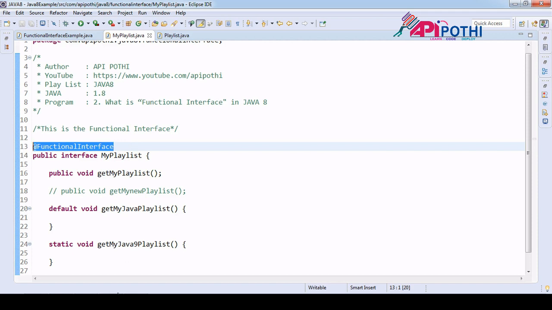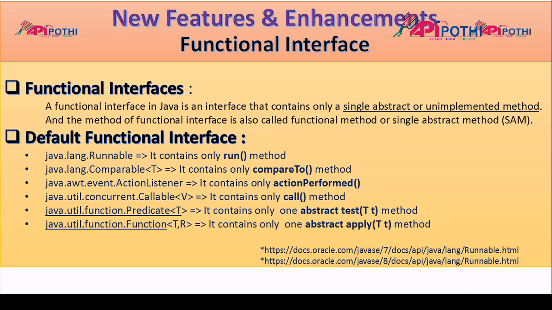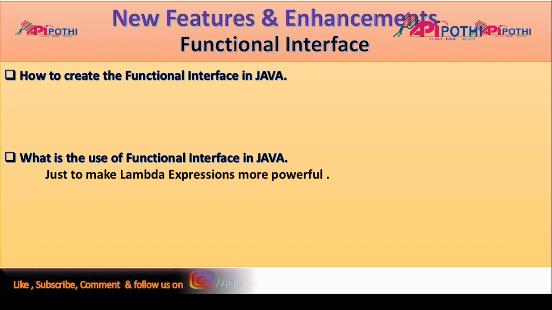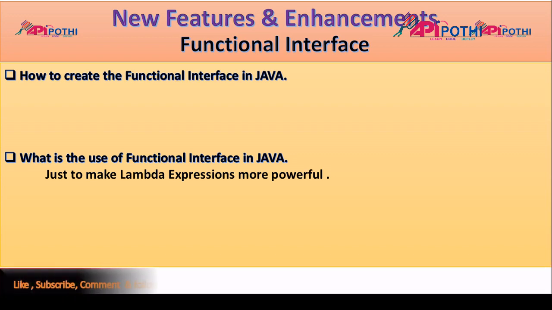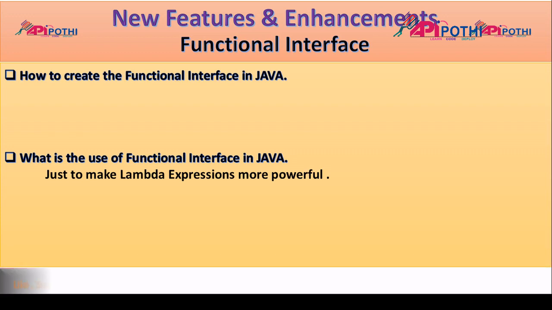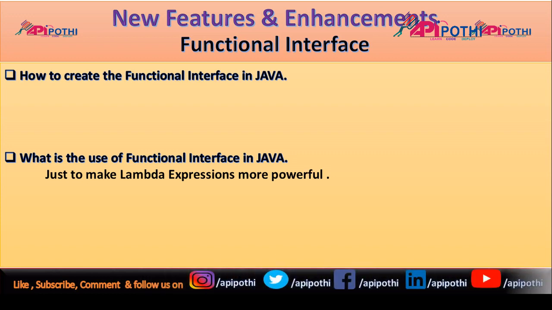Okay, now we are coming to the next topic. So we understood how to create the functional interface and what the role of the functional interface is. Now the next question is, what is the use of the functional interface? This concept we are going to understand in the upcoming video, where we are going to elaborate on the lambda expression.